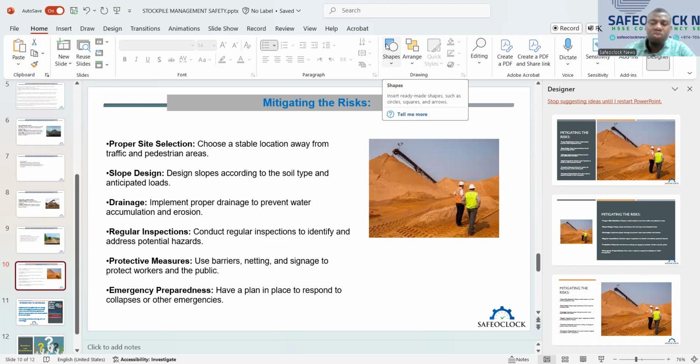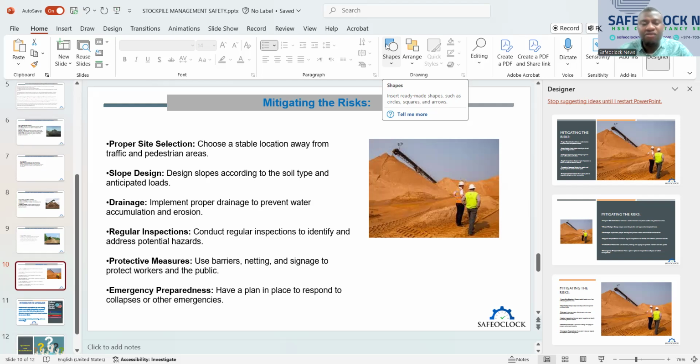So if an emergency occurs in the stockpiling area, the actions to take, how to reach the emergency services. Because in most situations, the stockpile areas are located at the outskirts of the town, very far away, because you need massive space. So by so doing, you are very far away from emergency services and from the emergency response team.